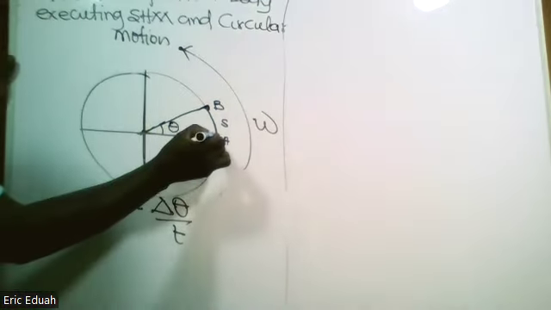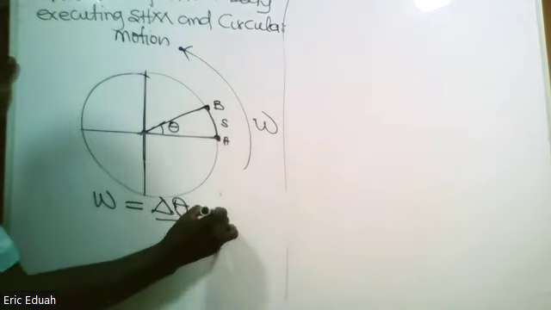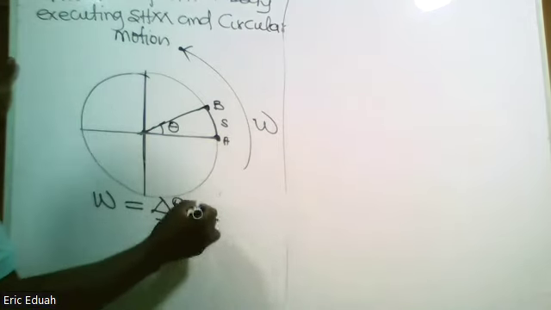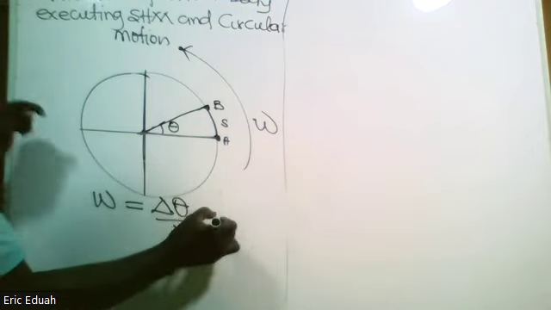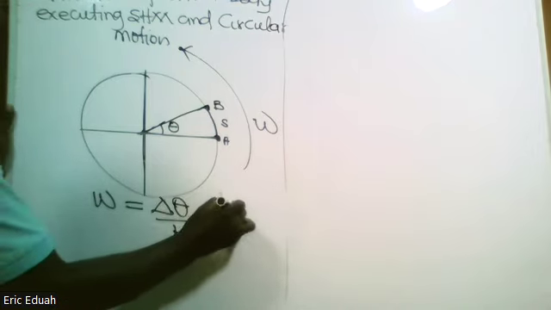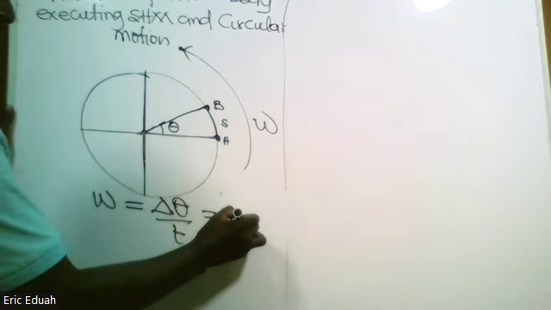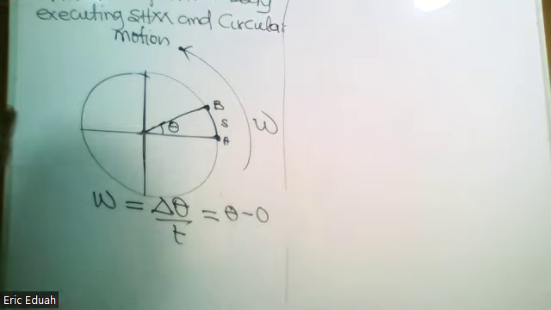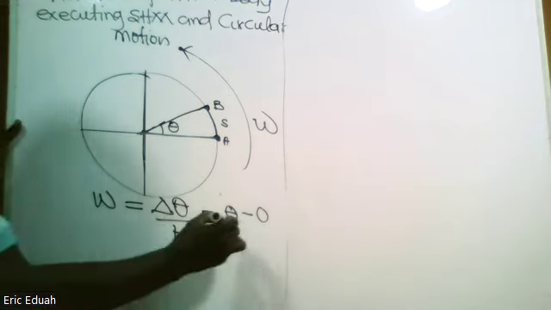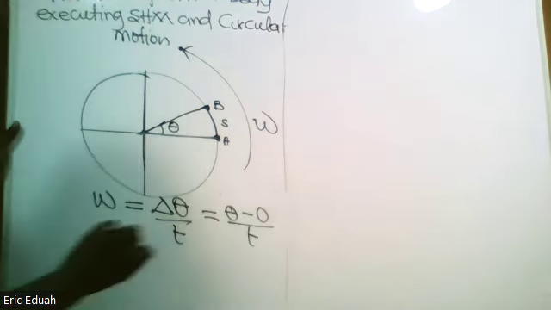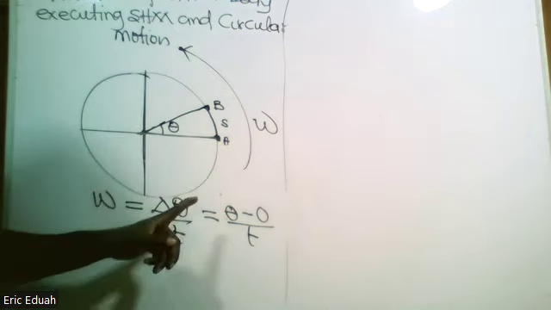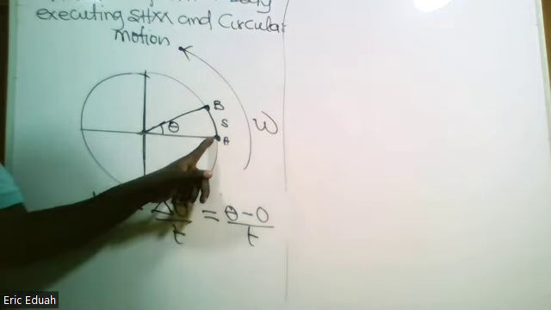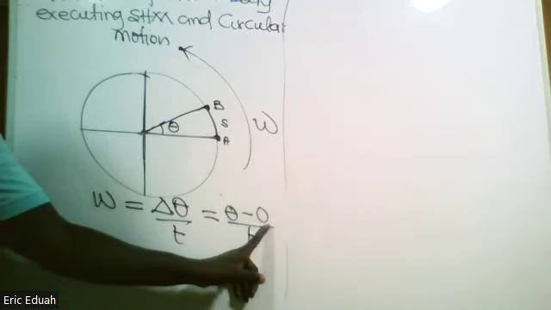When the body moves from A to B, the change in the angular displacement is theta minus 0 over t, because at A there's no displacement, initial is 0.